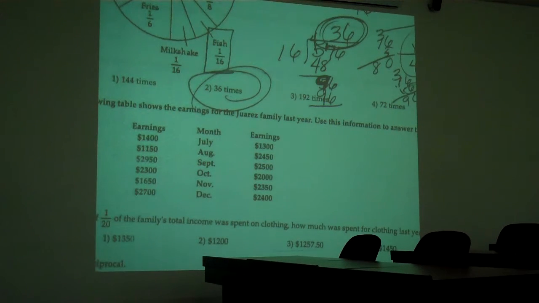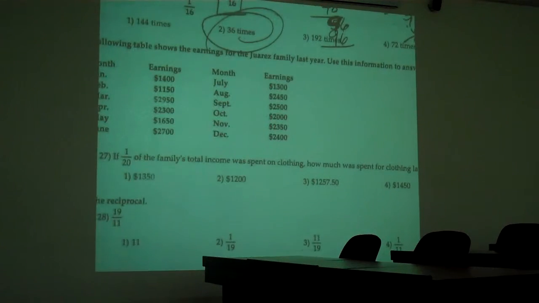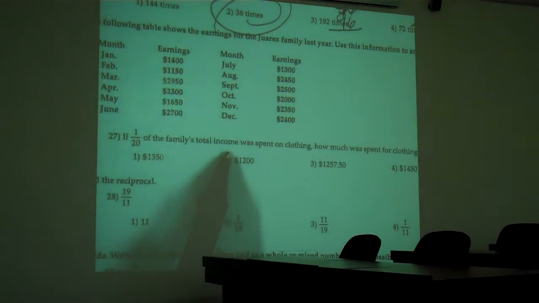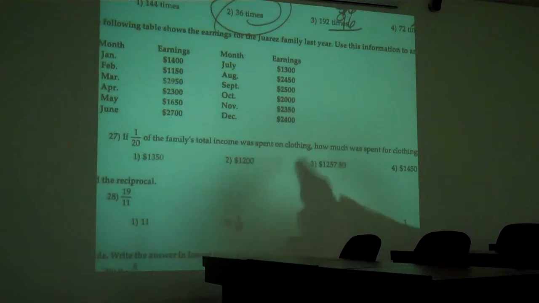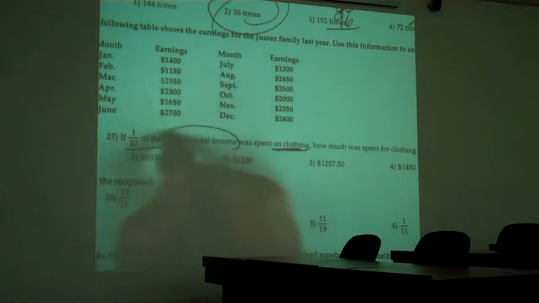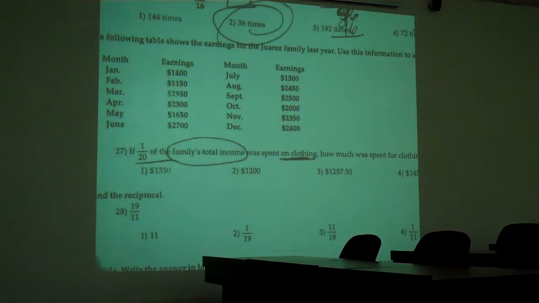Okay, the following table shows the earnings for the Juarez family last year. Use this information to answer this question. If 1/20 of their total income was spent on clothing, how much is spent on clothing?